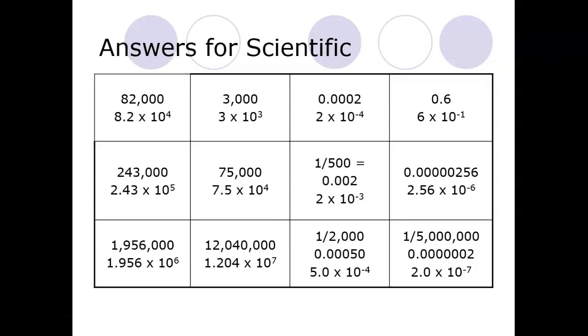Because every time you move that decimal, you count it. One, two, three, 4, 5. Move that decimal 5 times, you count it 5 times.